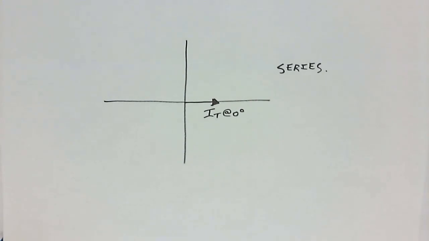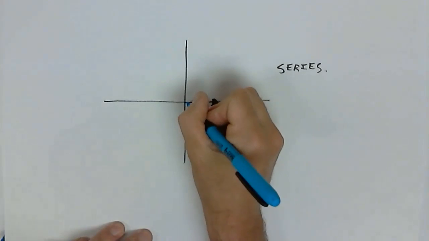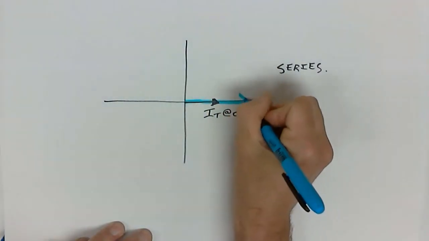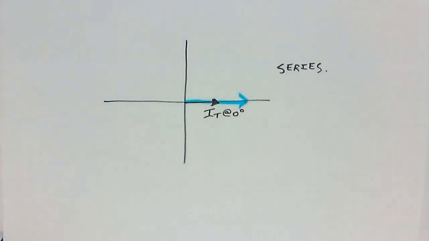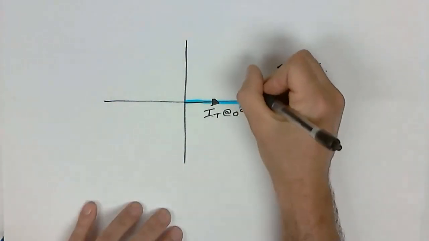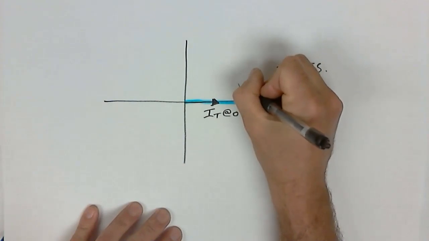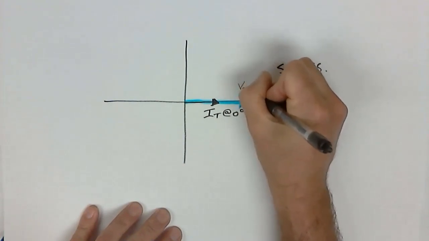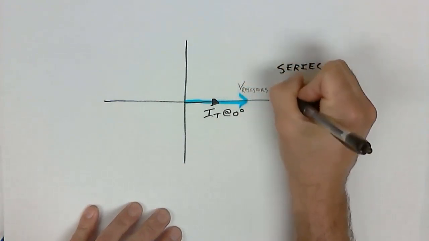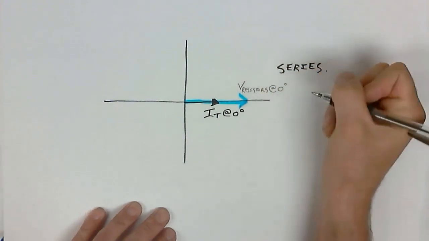We have voltages for resistance that are always in phase. So this would be where voltage values for resistors would be. So I'm going to say V resistors would always be at 0 degrees.